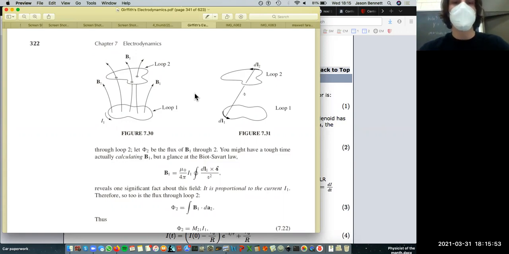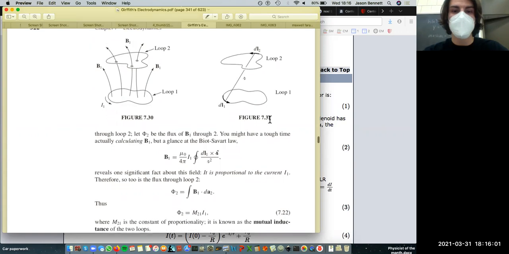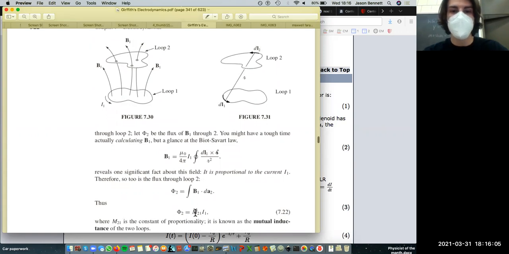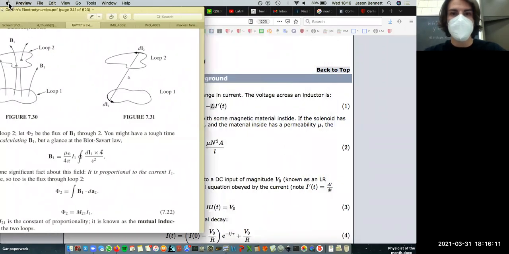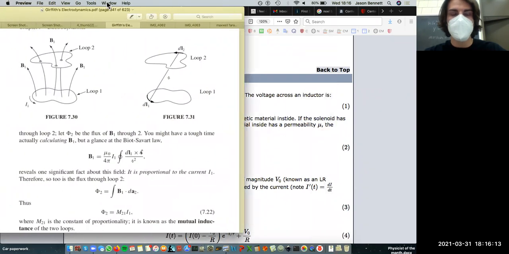So with this, we can also calculate what the magnetic flux on 2 is due to 1. And we call this something called the inductance. You can ignore this M. We'll replace it with L in just a second. And the way we get from here to that equation is if we take the derivative of both sides.